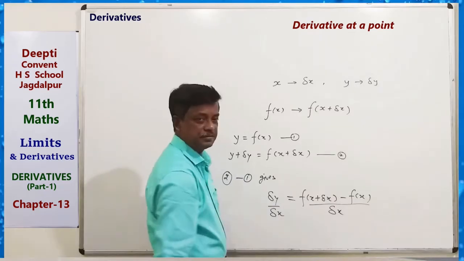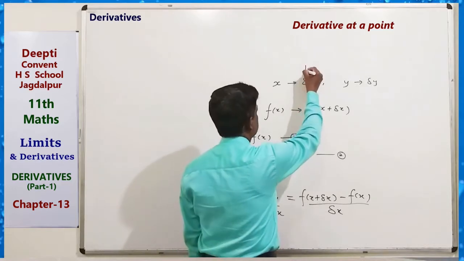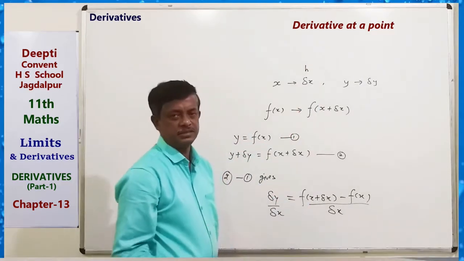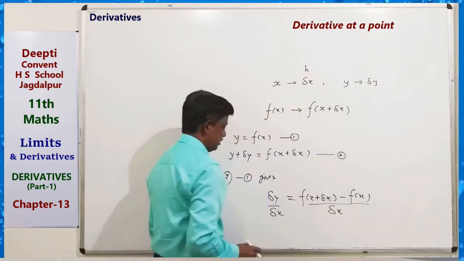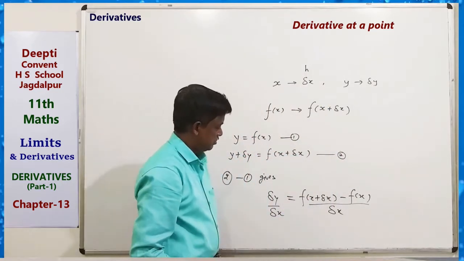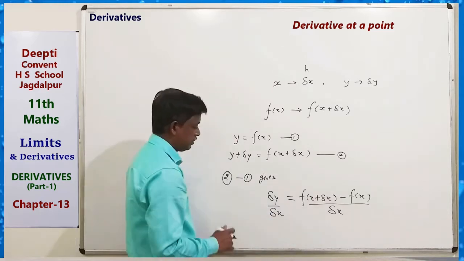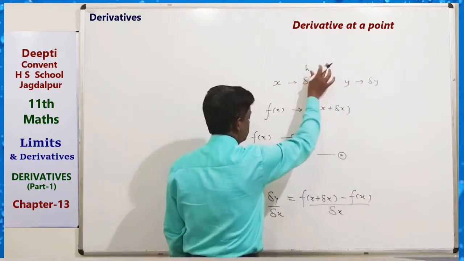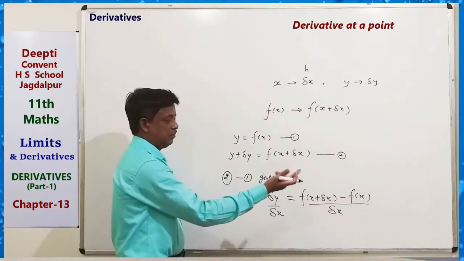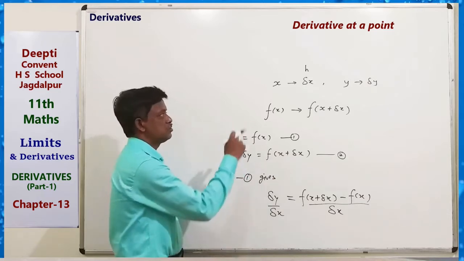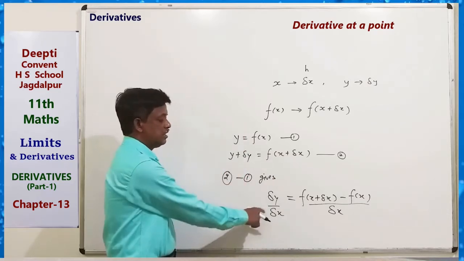Sometimes delta x is written as h, and then we get f(x plus h) minus f(x) upon h. h equals the change in x, that is delta x.